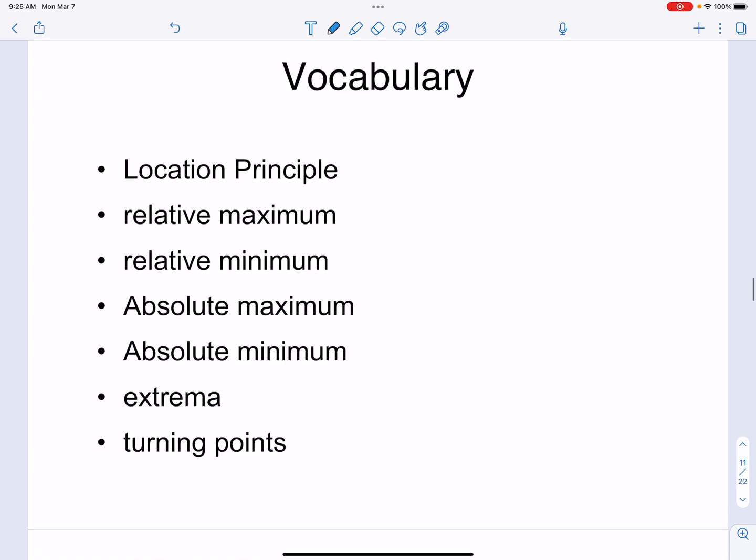All right, so let's talk about some vocabulary here. The location principle is basically when you're looking for the location of zeros, roots, and things like that.